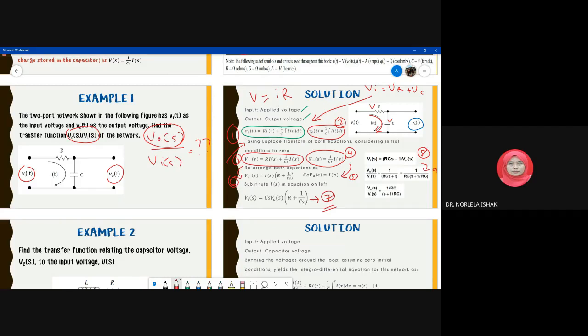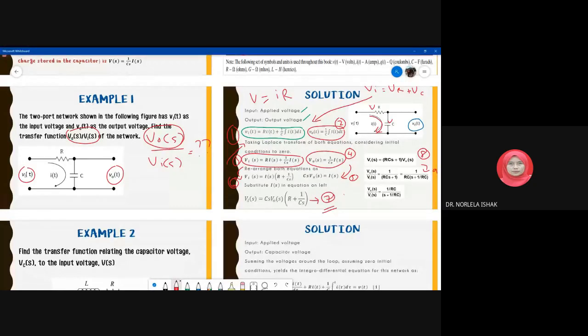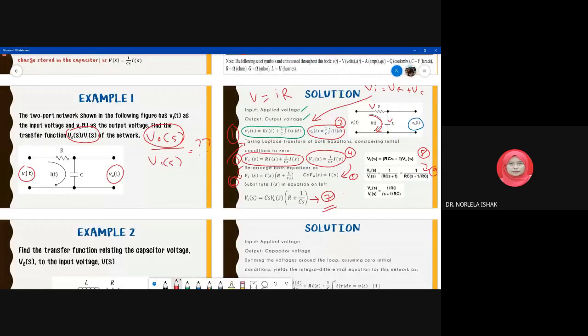Okay, number 9 is the transfer function. And then from equation number 9, we rearrange. Meaning you have to divide both sides by the RC, so you can get equation number 10.